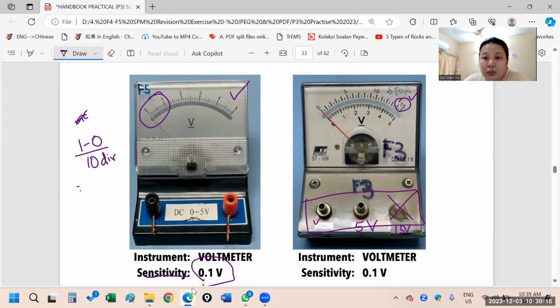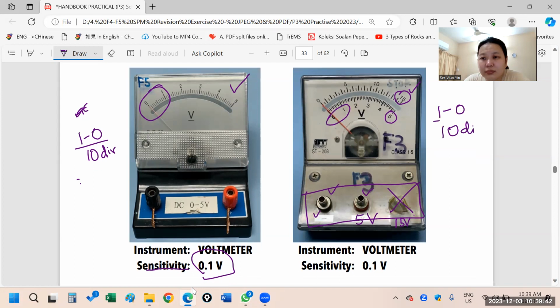So we use 5 volts. Normally our battery 1 is 1.5, 2 is 3, 3 is 4.5 volts, so normally 5 volts is enough. So 5 volts is at the bottom. So we look at 0 to 1, 1 minus 0 divided by 10 divisions. Still the same, 0.1 volt, right?